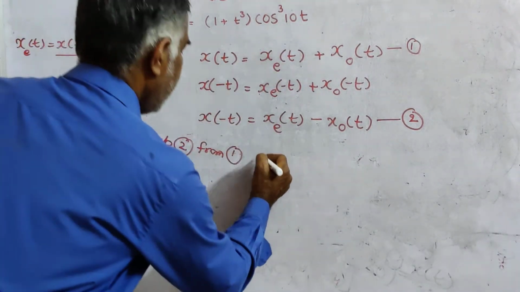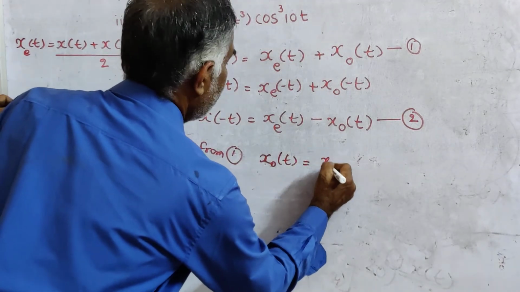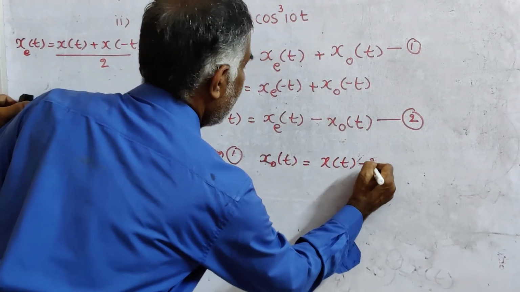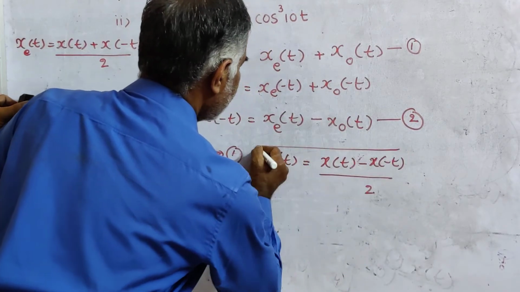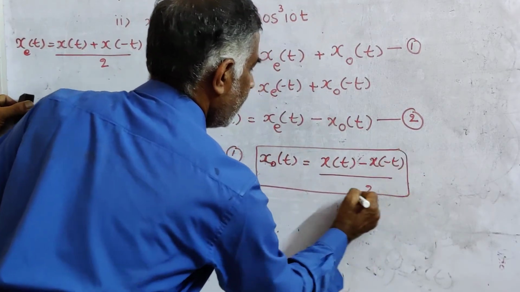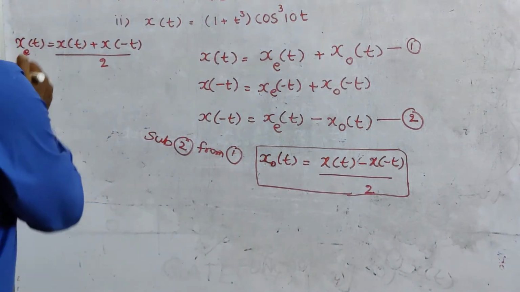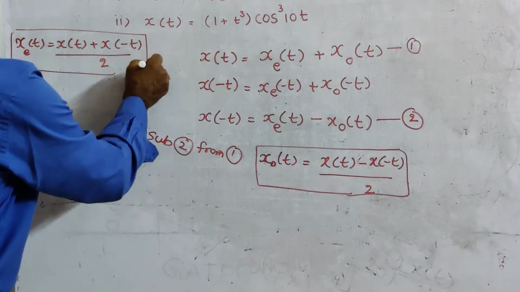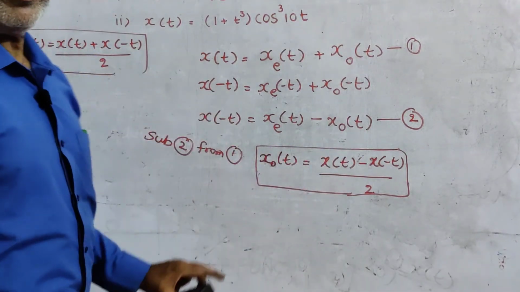We get xo(t). Similarly, xo(t) is equal to x(t) minus x(-t) divided by 2. Try to remember this in a scientific manner. So here for xe(t) it is plus, and for xo(t) this is minus. That's all. The other terms remain the same.